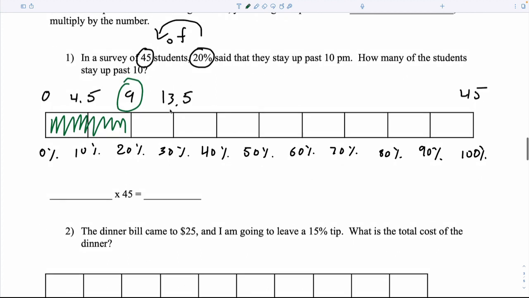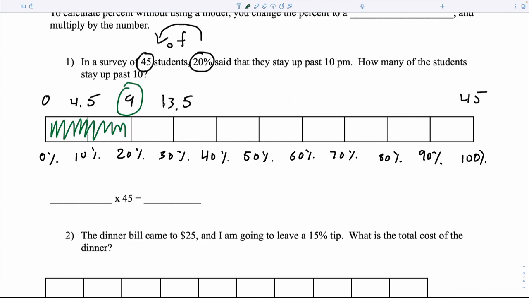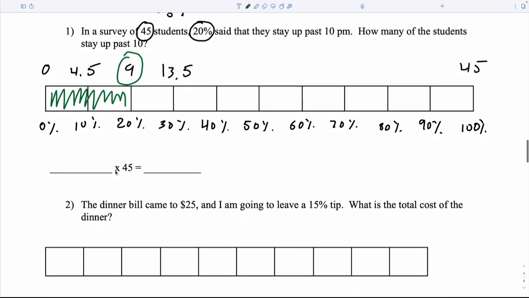Watch what I can do with a percent of problem. If I know that I'm looking for 20% of 45, I'm going to plug this into an equation and I'm going to put 20% as a decimal. 0.2 or 0.20. 0.2 is the same thing as 0.20, so I'm going to leave it like that.